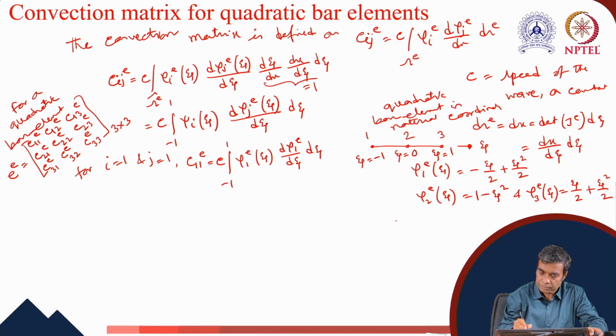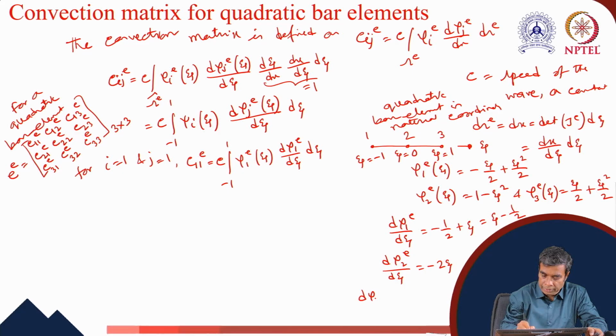Here d psi_1^e/d xi is xi minus half, d psi_2^e/d xi equals minus 2 xi, and d psi_3^e/d xi equals xi plus half.